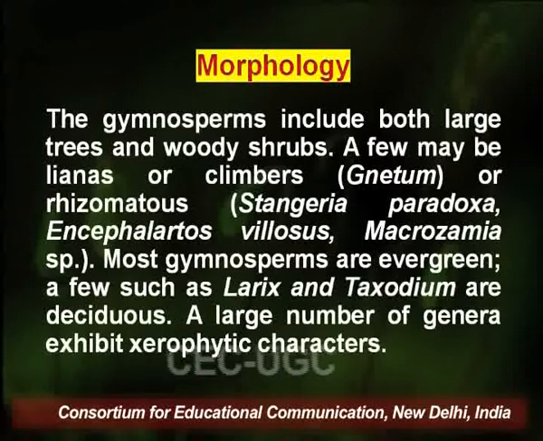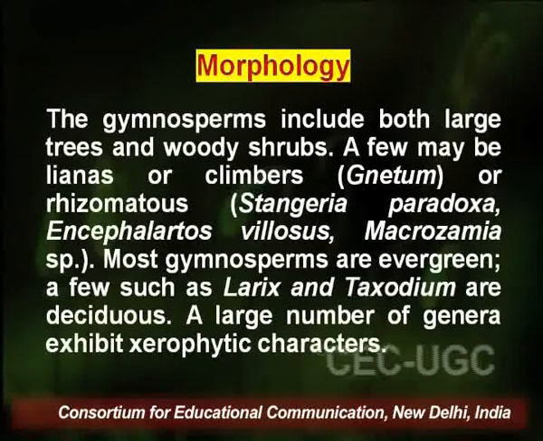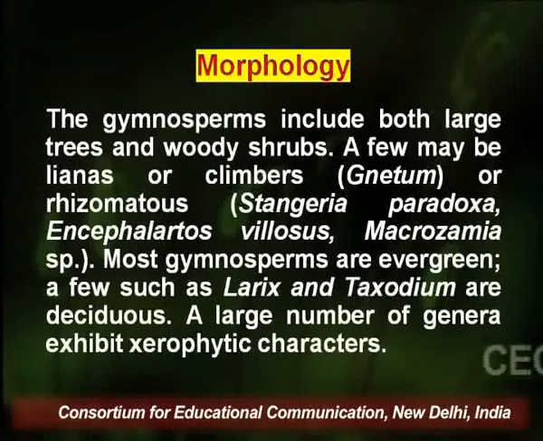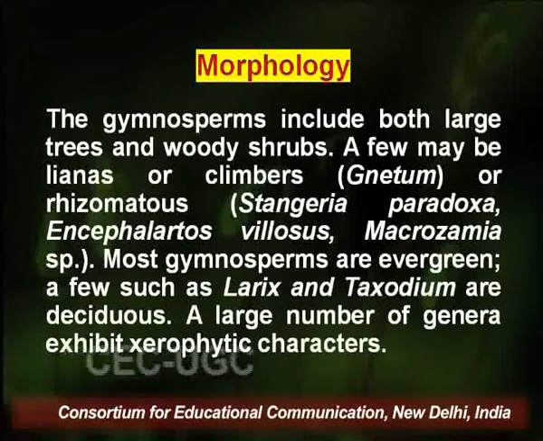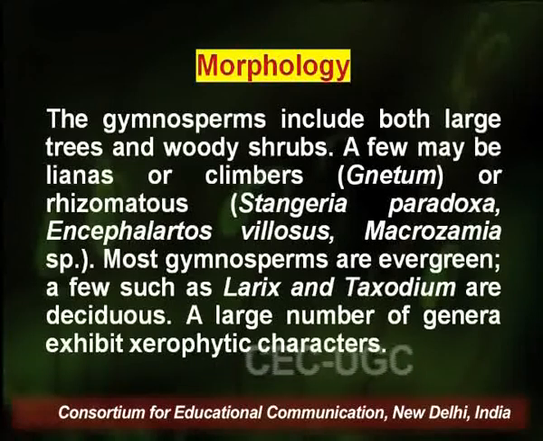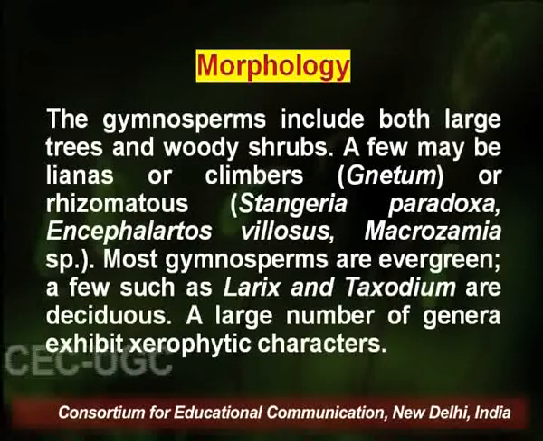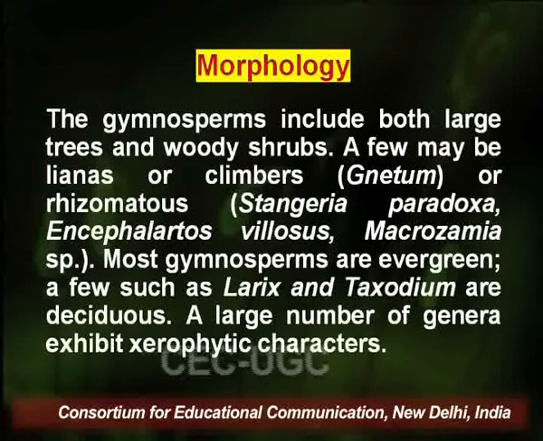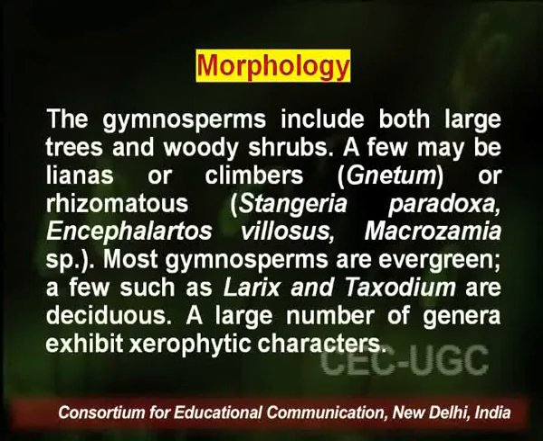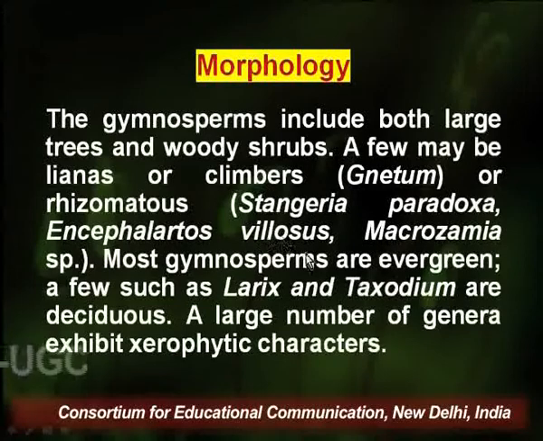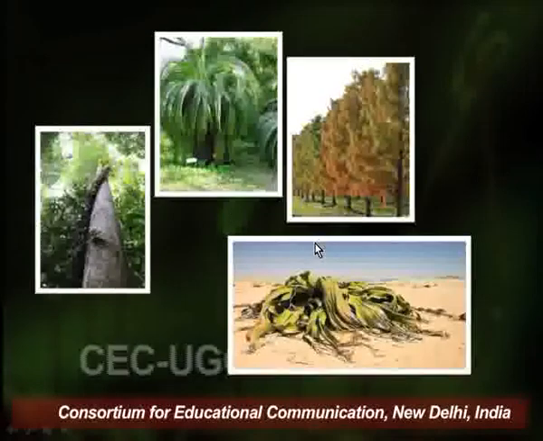There are species like Stangeria and Macrozamia, which are rhizomatous. Most of the gymnosperms are evergreen, but a few species of Taxodium and Larix are deciduous in nature. There are a large number of genera which exhibit xerophytic characters also.